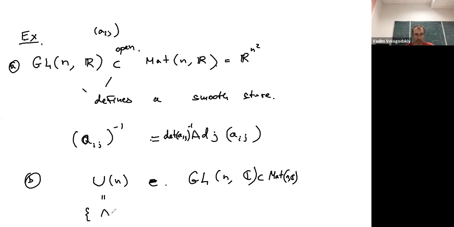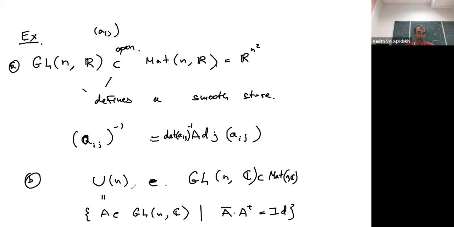That means it's all A in GL(n, C) satisfying the equation that A conjugate times A transpose is equal to the identity. I claim that this is a submanifold here.